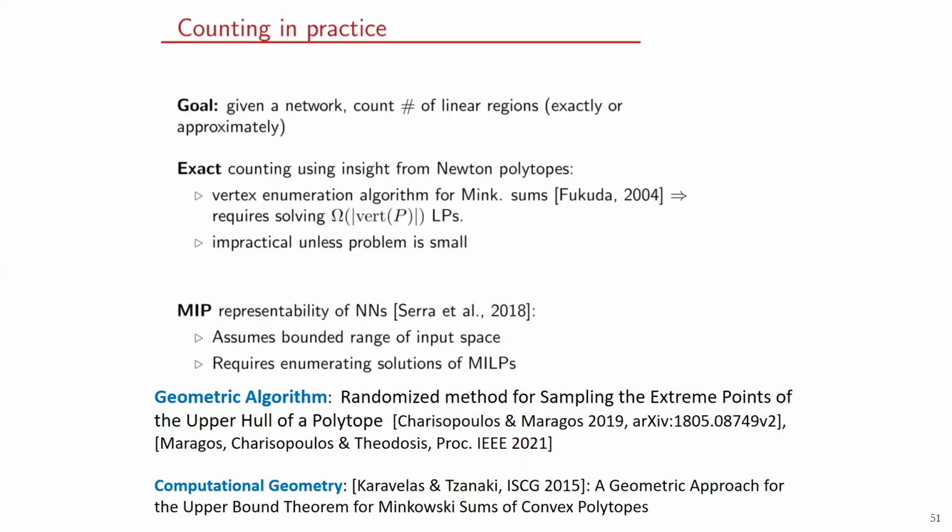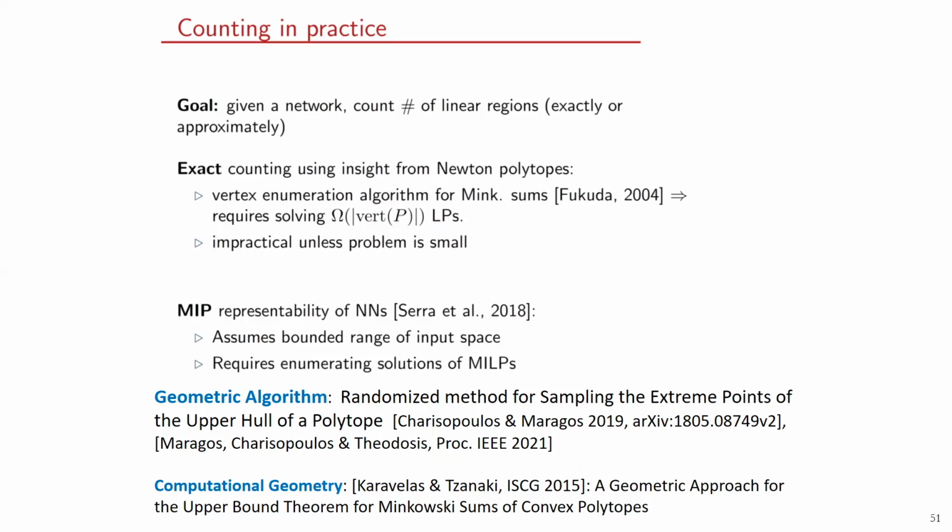But it's a research field to count in practice, given a network, the number of linear regions exactly or approximately. There are several exact approaches which become impractical when the problem involves too many neurons. There is this mixed integer programming approach by Serra and his group, but they assume a bounded range of input space.